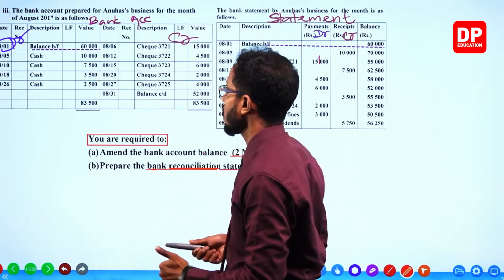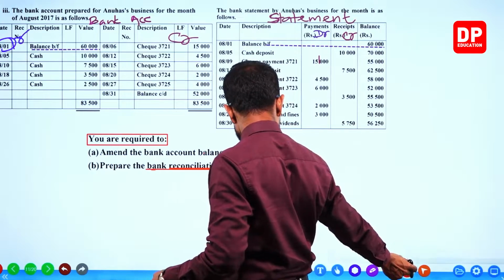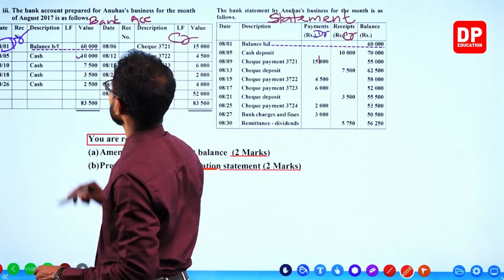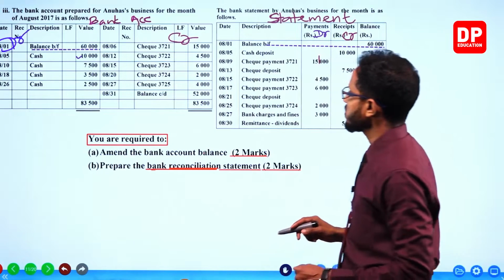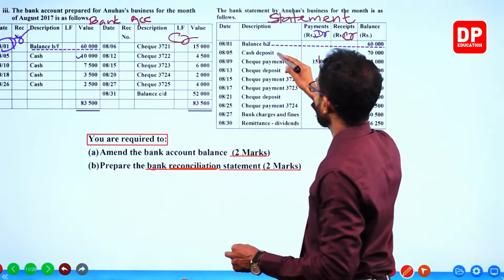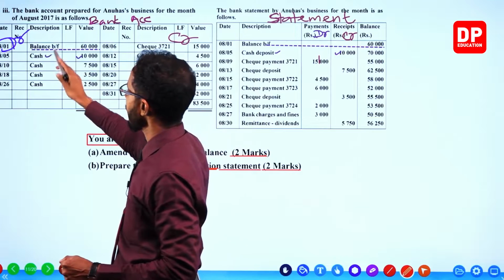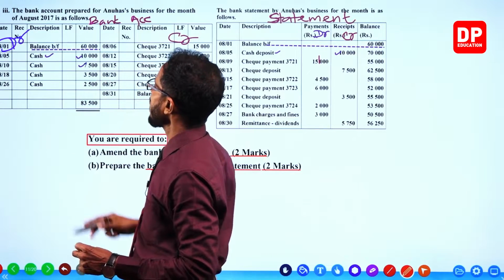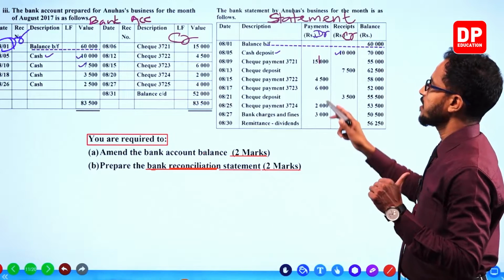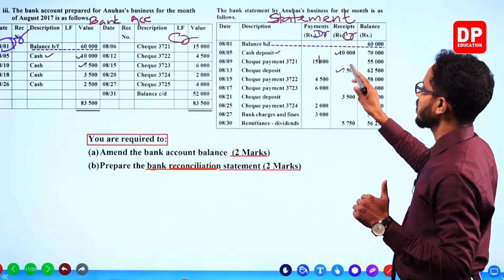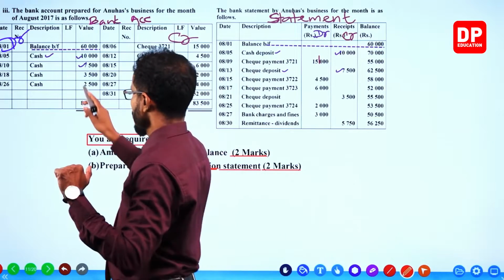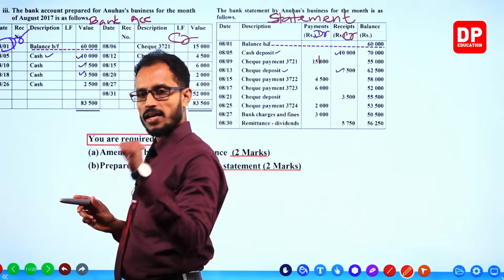Okay, let's do it now. First one, cash 10,000 is in our bank account. That is in the credit side of the statement, so no problem. Second entry, 7,500 is in our bank account. That is in the credit side of the bank statement also, so no problem. 3,500 is in our bank account, debit.